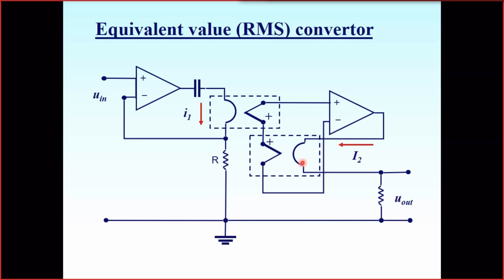So if the alternating current I1 provides a certain heating effect, then the current I2 should provide the same heating effect. That means that this current has a value equal to the effective value of this AC current. So we actually got what we want. We pass this current through the same resistor R, and the output voltage will be equal to the effective value of the input voltage.